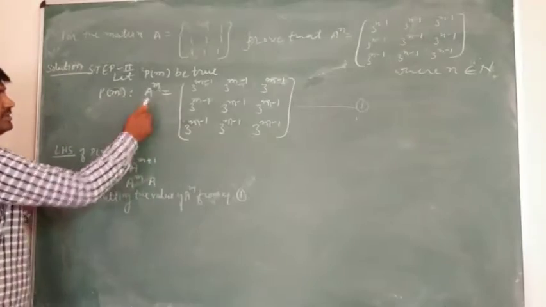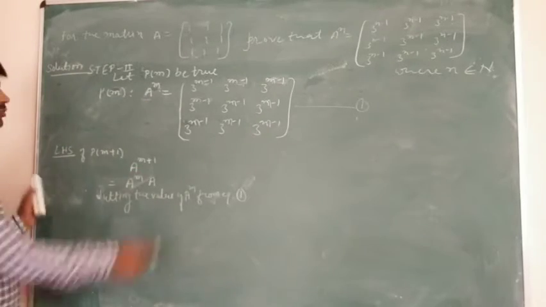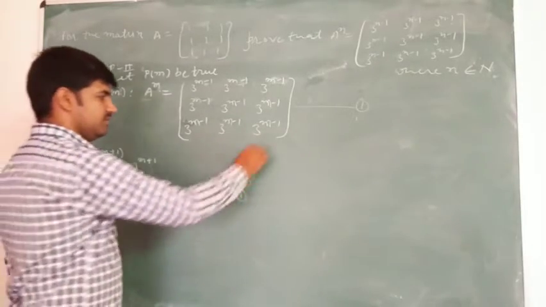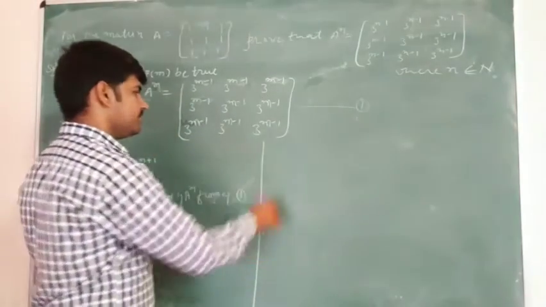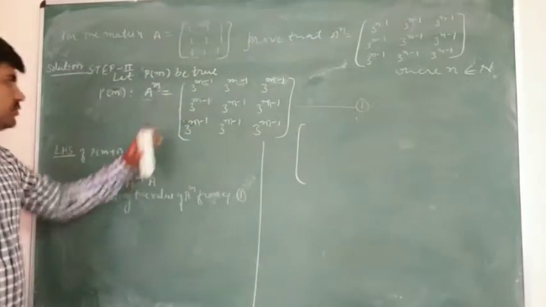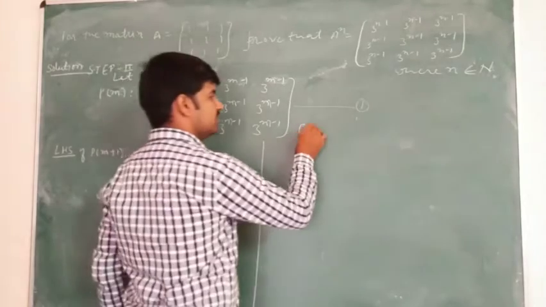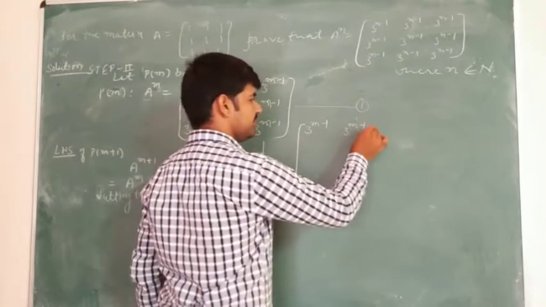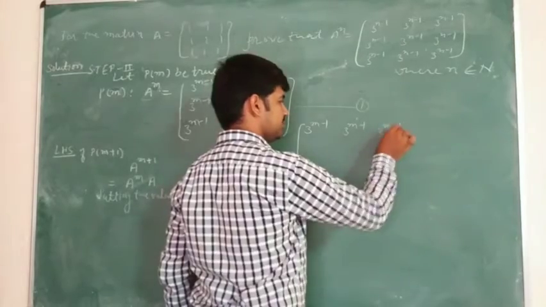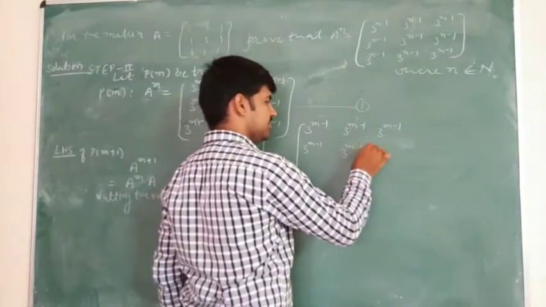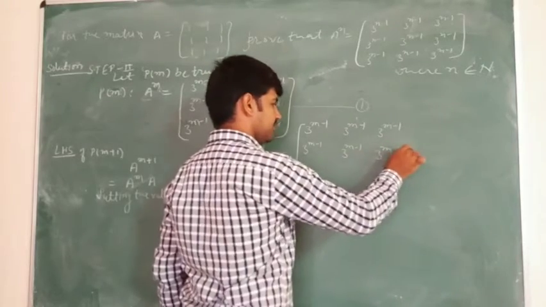So in place of A raised to the power m, I write the matrix where all elements of this square matrix of order 3 are 3 raised to the power m minus 1.